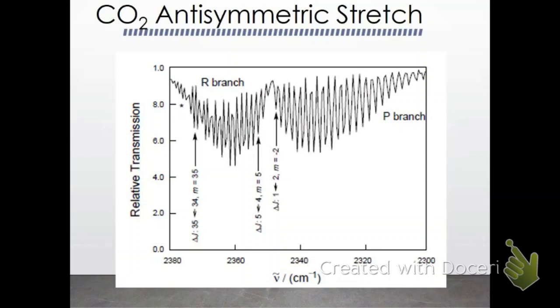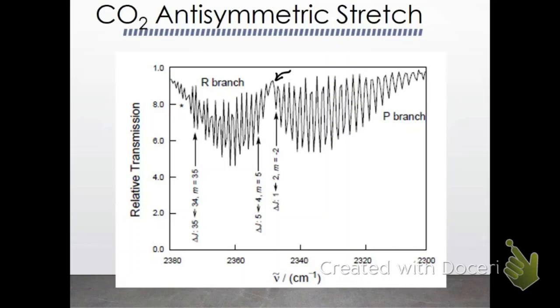Okay, so for example, if we look at this spectrum, here is our central peak. On the low frequency side, the first one is going to correspond to our P branch.